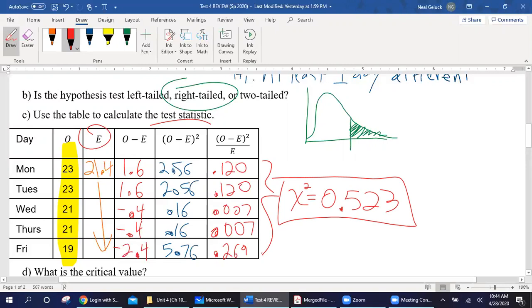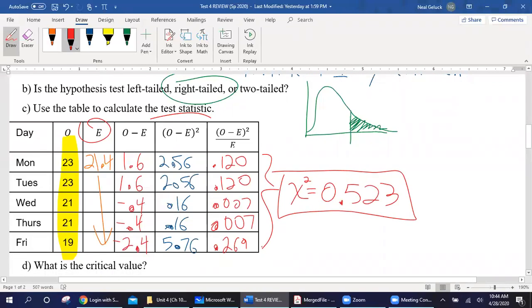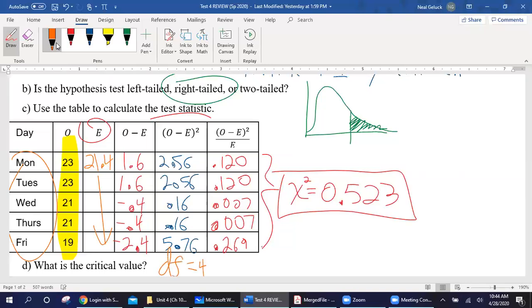For letter D, the critical value, that's based off of how many categories I have, which is 5. So the degrees of freedom would be 4. I believe this was a 0.05 significance.